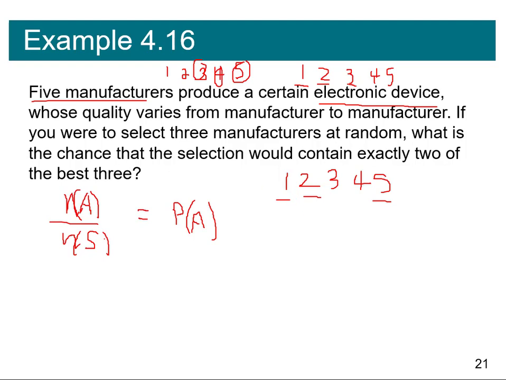So, okay, with that introduction, we first want to identify what the sample space is. So in this experiment, we're choosing 3 from 5, and we're labeling the 5 not by their names, like, you know, one is in Tokyo and another is in Osaka, but by how good they are, the order which is best.